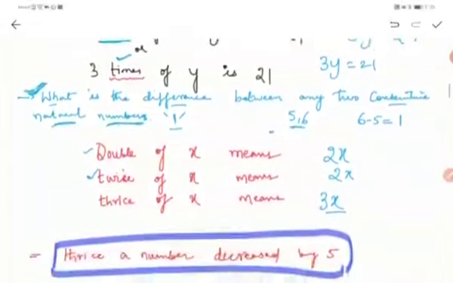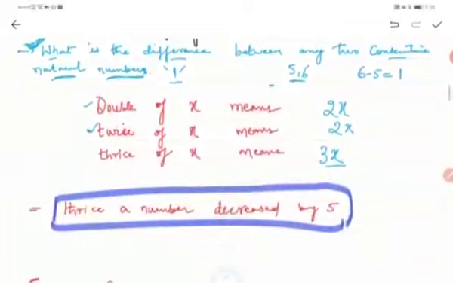All right. Now if I ask you a question like thrice a number decreased by 5. First, a number is an unknown number, I can take anything. If I take this as p, then thrice of p decreased by 5, that is minus 5.